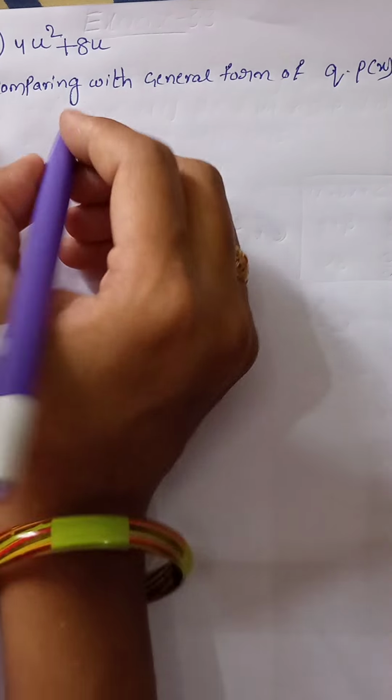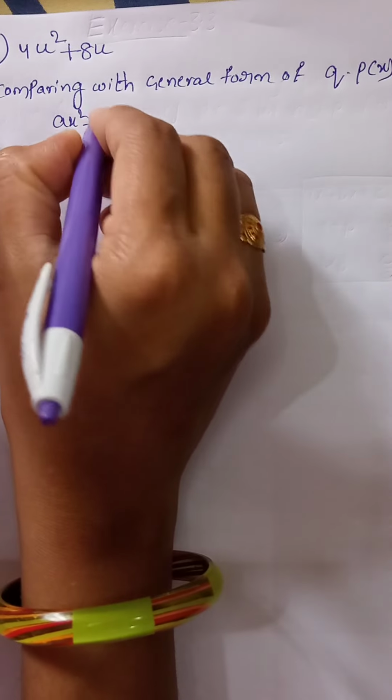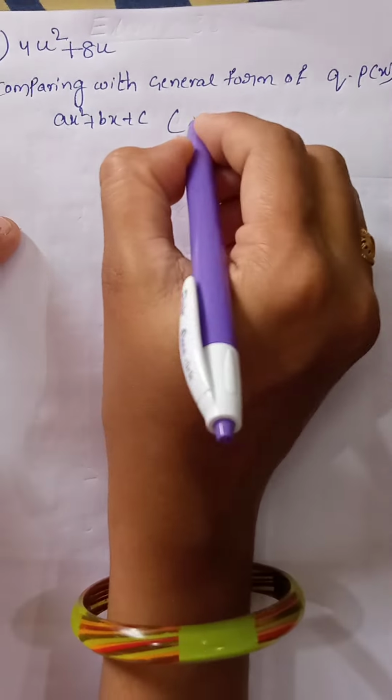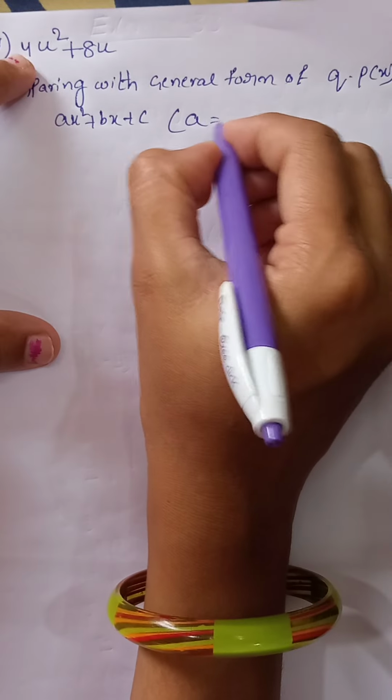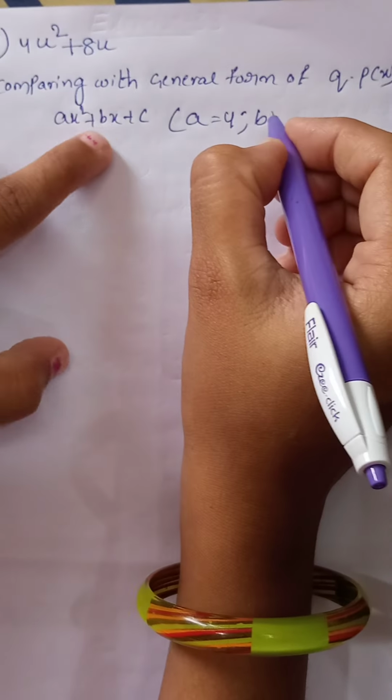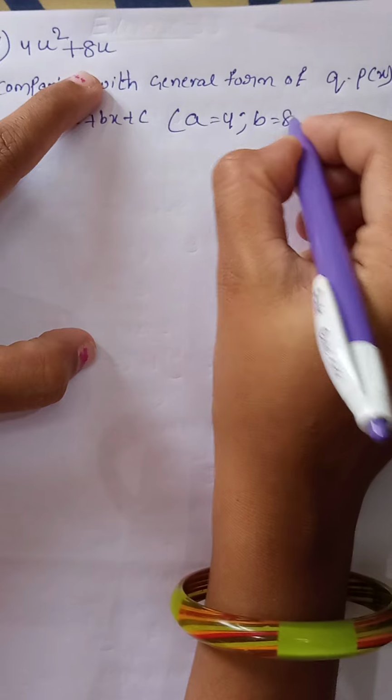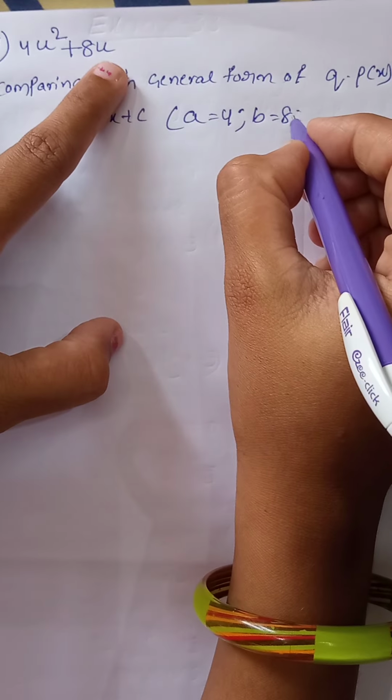Okay. So that is ax square plus bx plus c. Here we have a value, coefficient of x square, equal to 4. b is coefficient of x, that is 8, and c is, here we didn't have any constant, that is equal to 0.